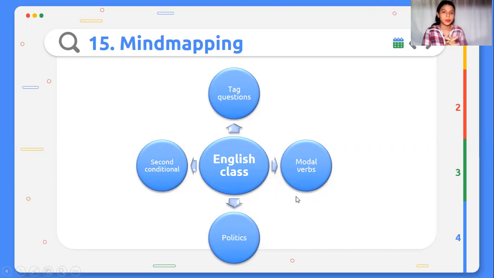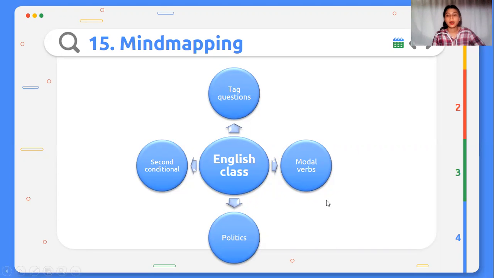Well, to continue, the next technique is mind mapping, number 16. What does the student have to do here?